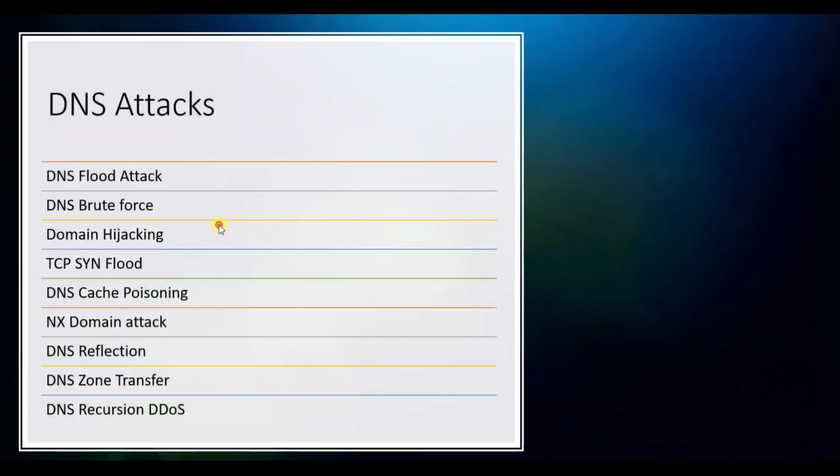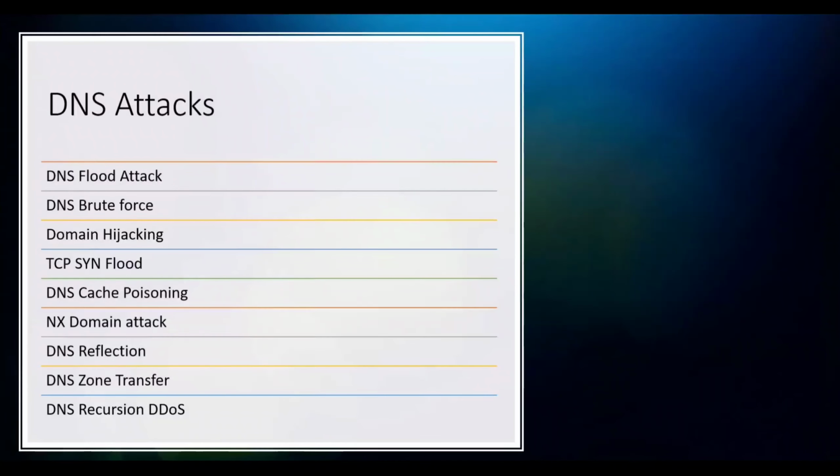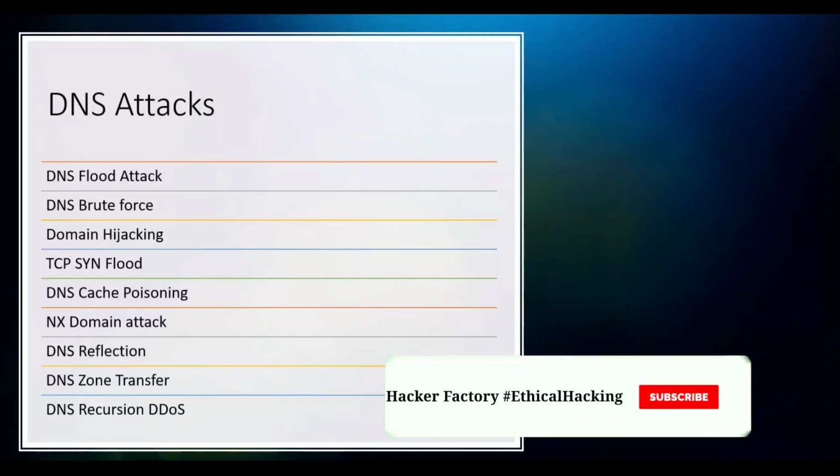And these are some of the attacks that I will discuss in the next slide, the attacks that we can perform on DNS, like DNS flood attack, brute force, domain hijacking, and TCP SYN flood. So this is what I will show you in the next part of DNS enumeration.